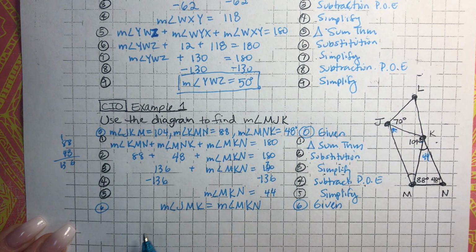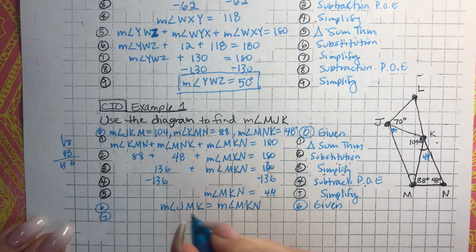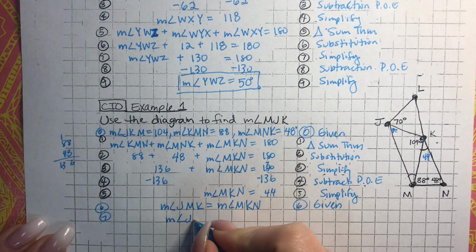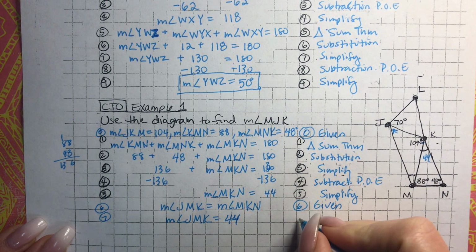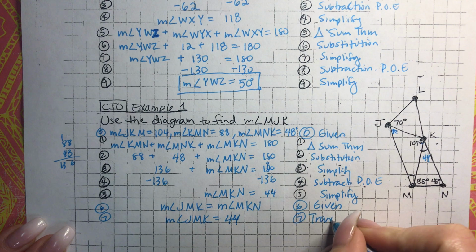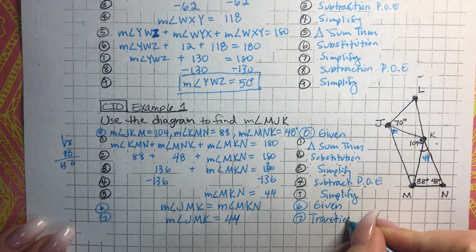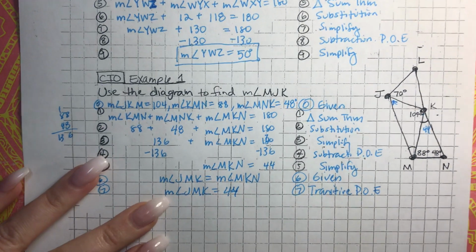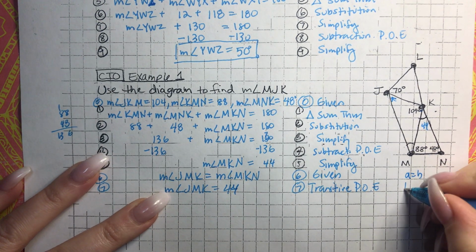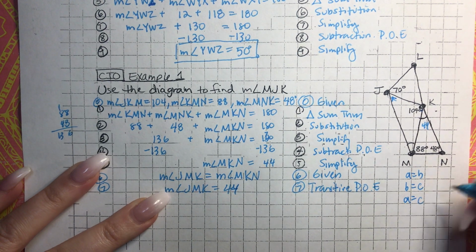And then, if this is equal to this and this is equal to this, we know that this is equal to that because of the transitive property of equality. So we can say that the measure of JMK is equal to 44 degrees because of the transitive property of equality. Do you guys remember that one? It's if A is equal to B and B is equal to C, then A is equal to C.